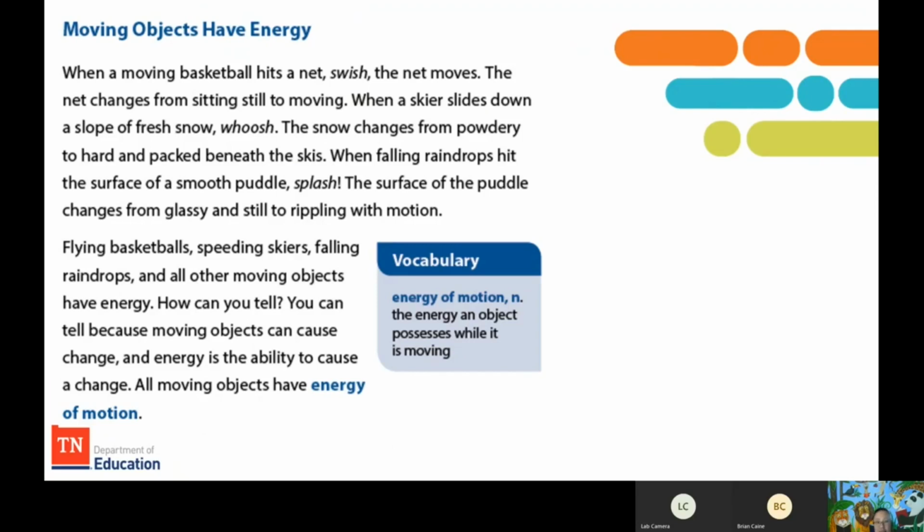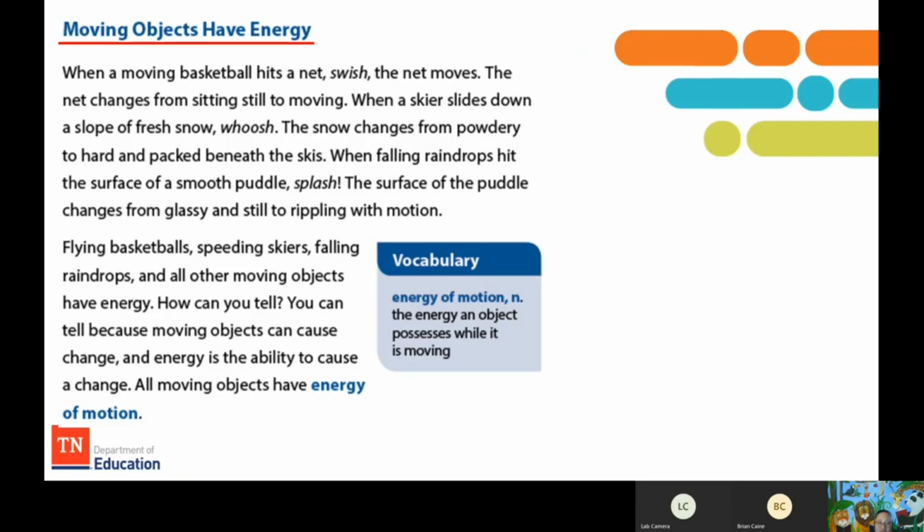The moving objects, they have energy, like that Brian showed you with the marble. Right, so this section here of my text has the heading, Moving Objects Have Energy. I know this section is going to teach me about how they have energy. When a moving basketball hits a net, swish, the net moves.